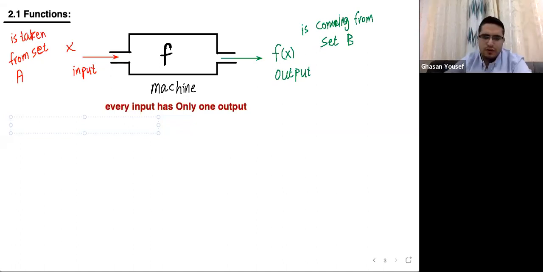Okay, so I'm going to give the definition. The function is like a rule. A function f. I'm going to call the function f.